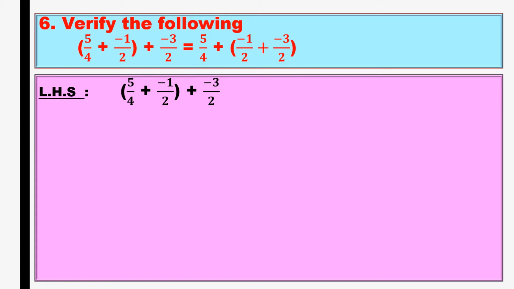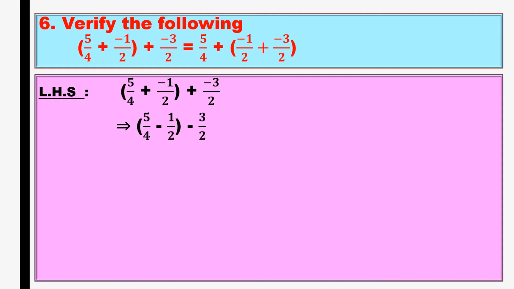Okay, so here plus into minus is minus, so I'll get the step as 5 by 4 as it is, plus into minus is minus 1 by 2, and here also plus into minus is minus. First I solved with my symbols. I finished with the symbols.